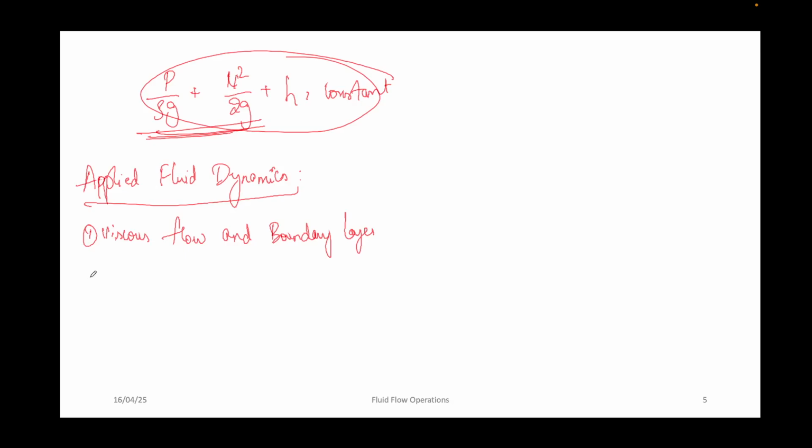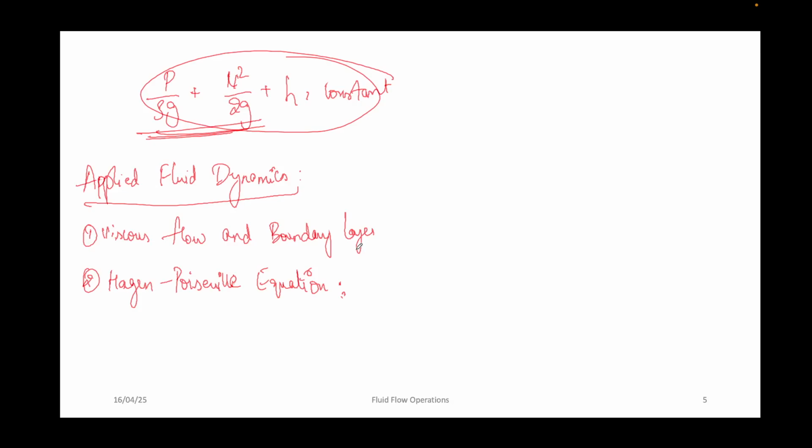So, when do we use this Hagen-Poiseuille equation? Under what conditions?